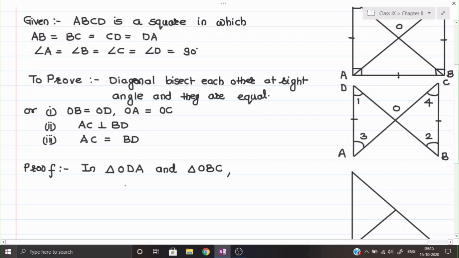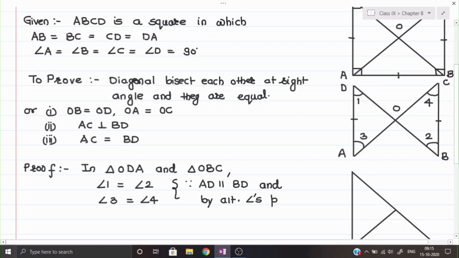Here first of all we shall write down angle 1 is equal to angle 2. Second, angle 3 is equal to angle 4. Here the reason can be given: since AD is parallel to BC, and by alternate angles property.